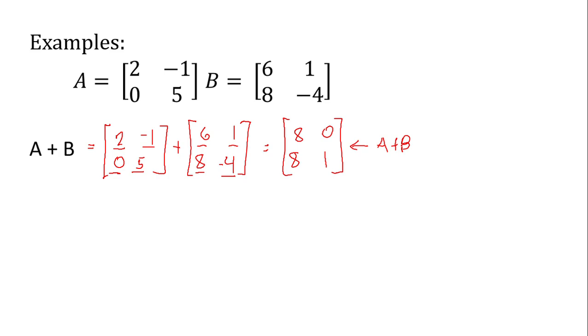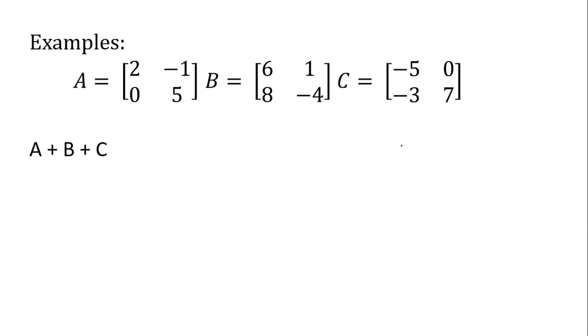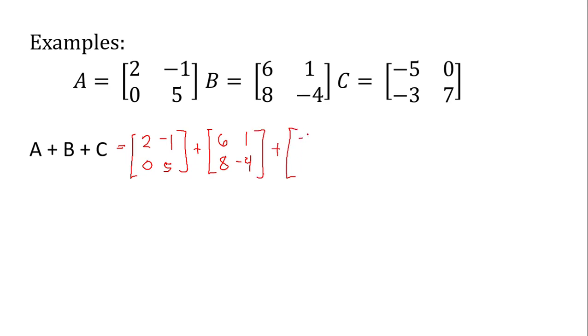Next example. We need to find A plus B plus C. Basically, we just add the three matrices that we have. Let's write the matrices first. We have 2, negative 1, 0, and 5, plus matrix B, which is 6, 1, 8, and negative 4, plus matrix C, which is negative 5, 0, negative 3, and 7.